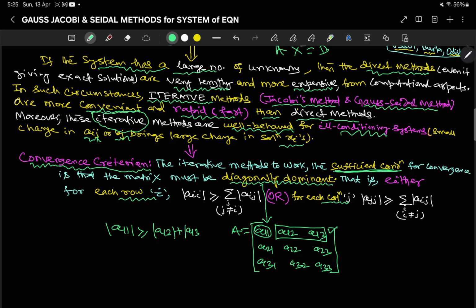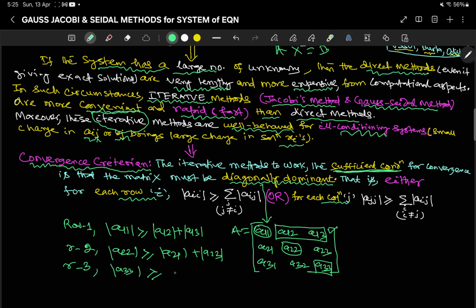This is for row 1. In row 2, this is my diagonal element, so |A22| should be greater than or equal to |A21| plus |A23|. Likewise for row 3, this is my diagonal element, so |A33| should dominate the sum of the other two elements, |A31| plus |A32|. This is the meaning of the condition for each row.